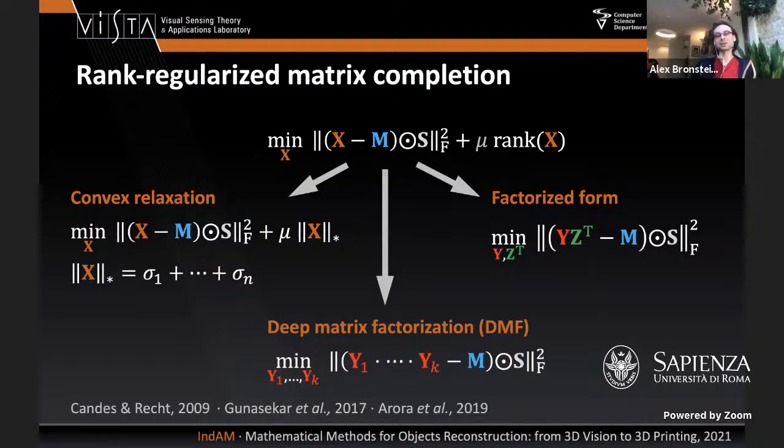And a more extreme approach to this problem is what is called deep matrix factorization. Instead of putting two low rank factors, we can actually put k full rank factors, Y1 to Yk, whose product is our matrix X that we are trying to reconstruct.